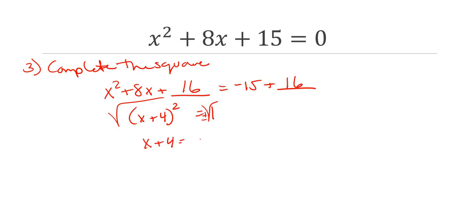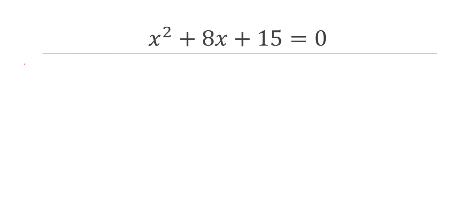Take the square root of both sides. Don't forget your plus and minus. X plus 4 equals plus or minus the square root of 1. X equals negative 4 plus or minus 1. Negative 4 plus 1 is negative 3. Negative 4 minus 1 is negative 5. I still get the same solutions.